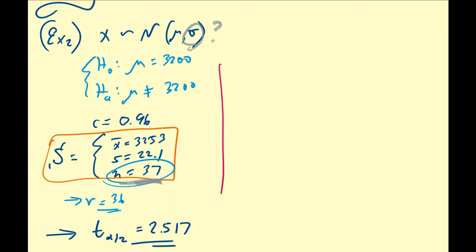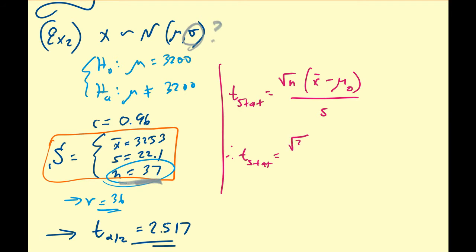But if we go about it from the test statistic perspective, again, t stat is going to be equal to the square root of n times x bar minus the null hypothesis mean divided by the standard deviation of your sample. So if we plug in all of these things that we have collected, that's going to be the square root of 37, our sample mean of 3253, minus the null hypothesis 3200, over the standard deviation of our sample, 22.1.